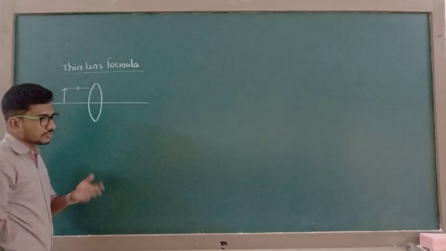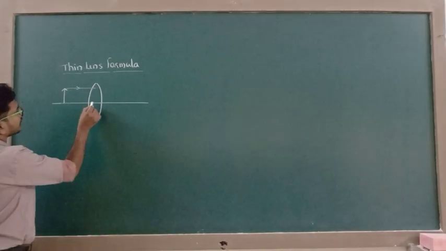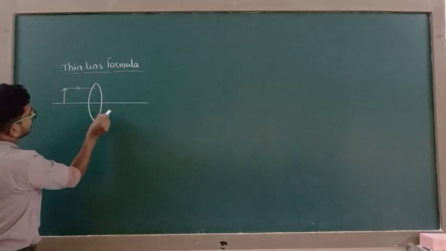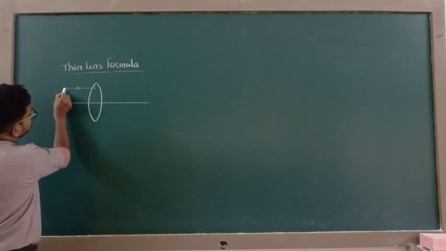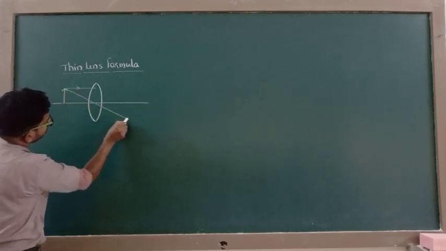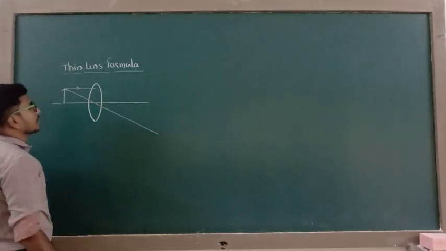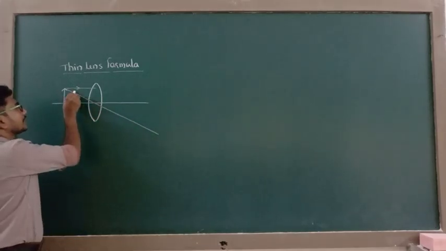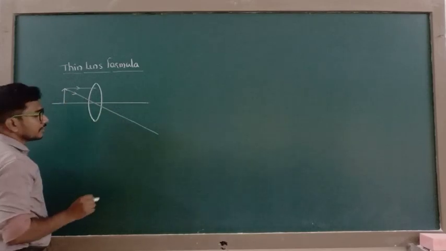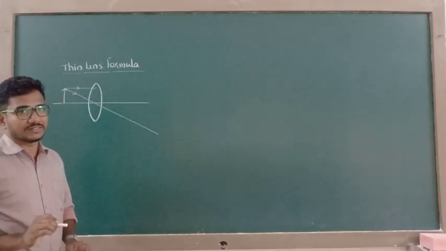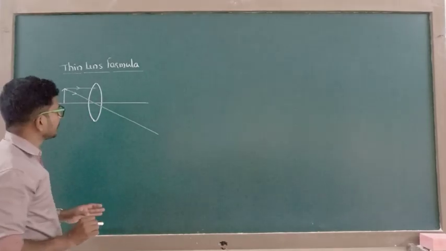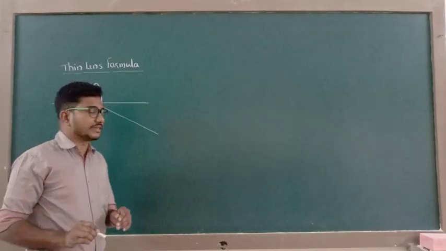Then that lens is said to be a thin lens. When a light ray is made to pass through the optical center, that light ray proceeds without any deviation. In case of thin lens, there is no lateral displacement.